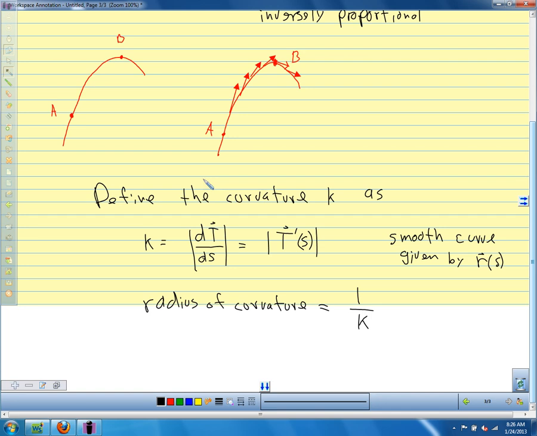So that's why we use curvature in terms of the arc length parameter. So we're defining the curvature as the rate of change of the tangent vector with respect to the arc length along the curve.